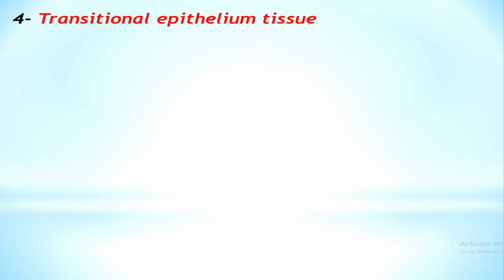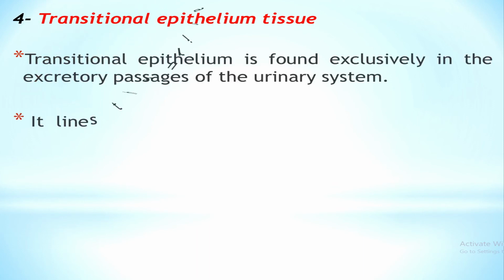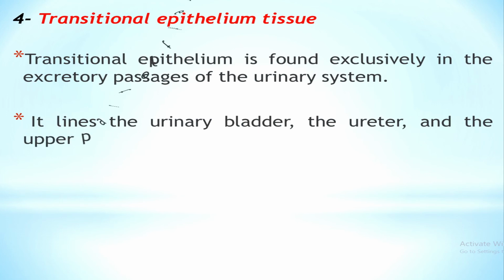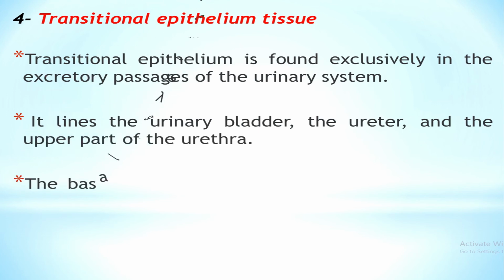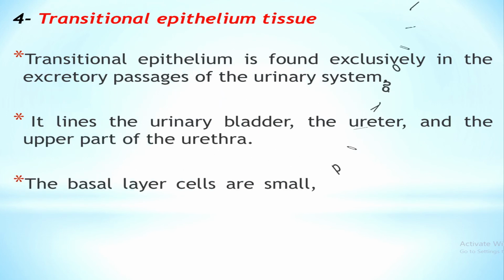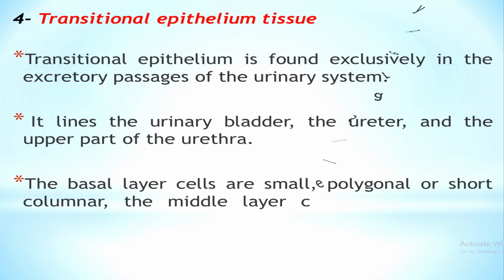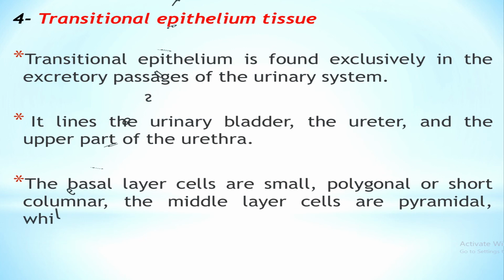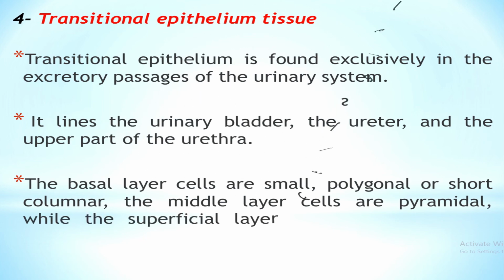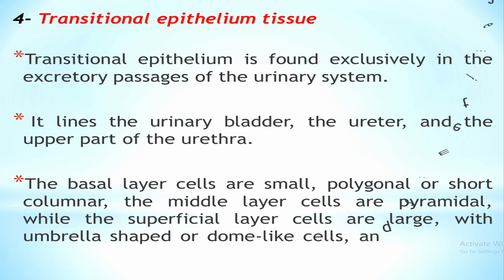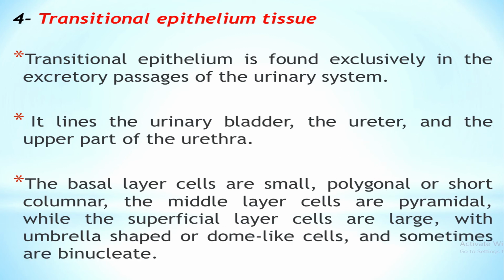Finally, the transitional epithelium tissue. Transitional epithelium is found exclusively in the excretory passages of the urinary system. It lines the urinary bladder, the ureter, and the upper part of the urethra. The basal layer cells are small, polygonal, or short globular.